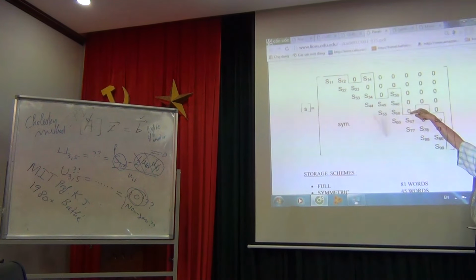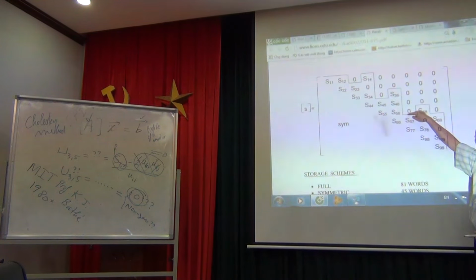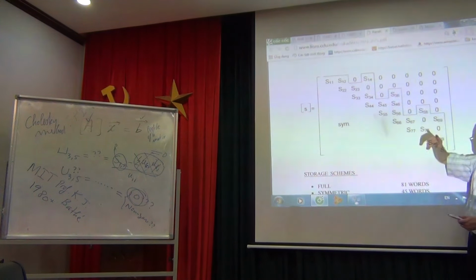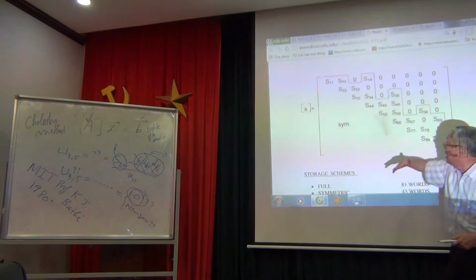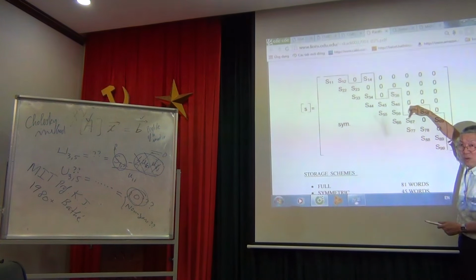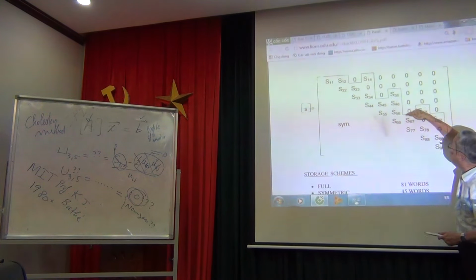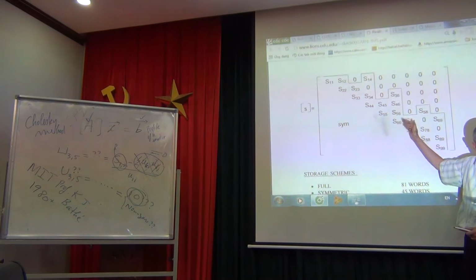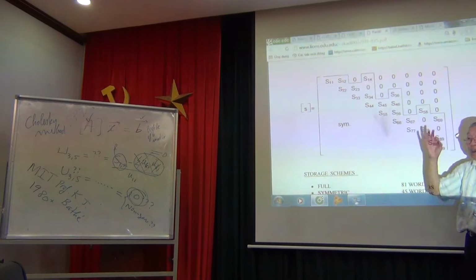S at row 5, column 7. Right now it is 0, right? What happened to U57? 0. Why? Because Professor Baptist, he said any 0 above the roof of the skyline of the building will remain 0.